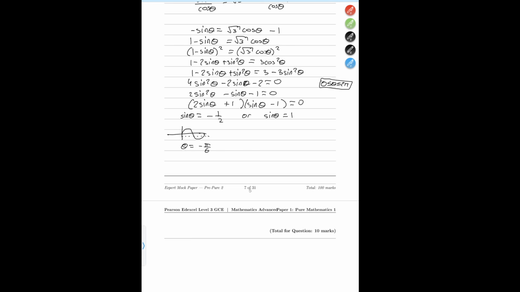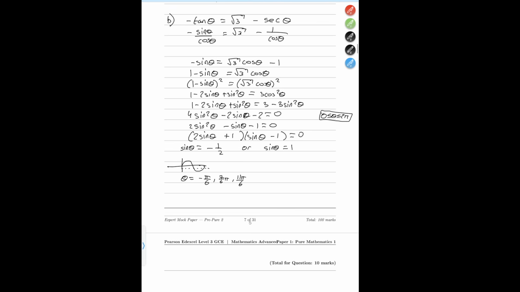So if we do pi minus this, we get 7 over 6 pi. And we can also do 2 pi plus our original, so minus pi over 6 plus 2 pi, because sine repeats every 2 pi, and that will give you 11 pi over 6.